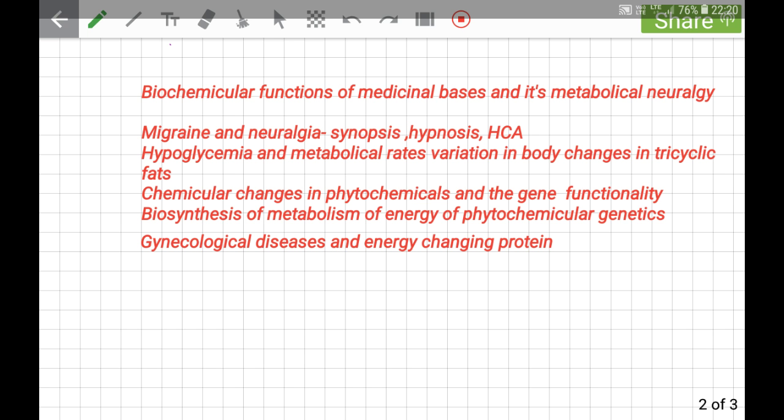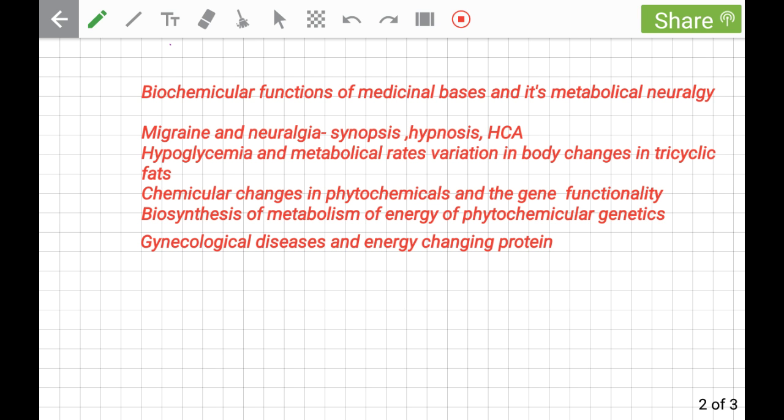So the next is biosynthesis of metabolism of energy of phytochemical genetics. So we know that energy is being metabolized in many states. So there are exotonium and excite energy, which is spread all over the surroundings, that cannot be seen. That is dark energy.